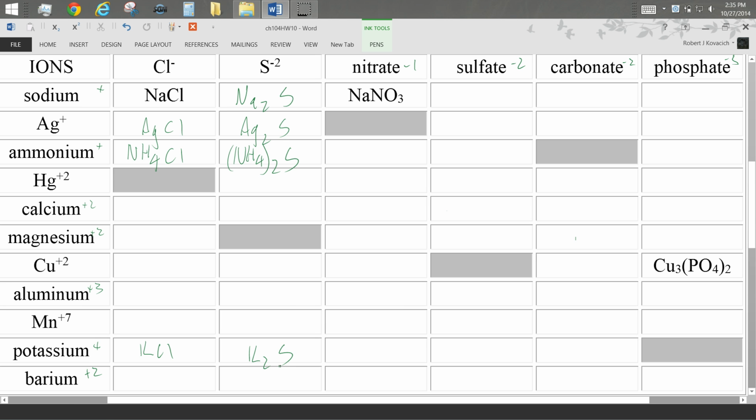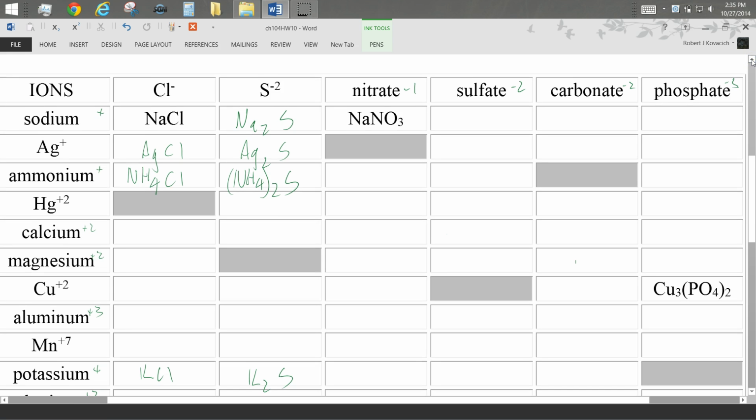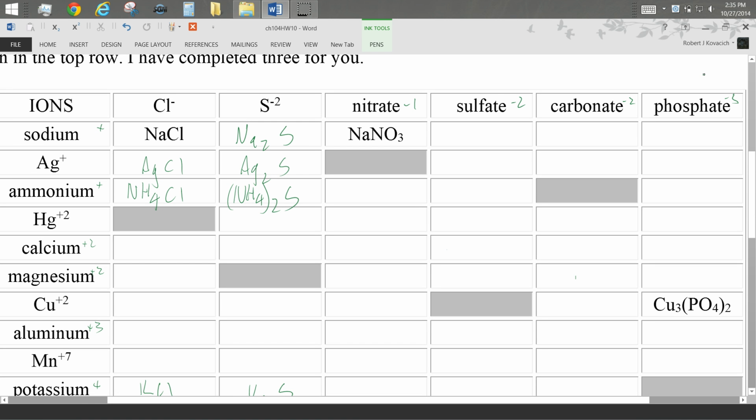So it looks the same for each of these, right? Yeah. I just noticed that. Okay. We just want to be clear about the way that I've got ammonium written up there.